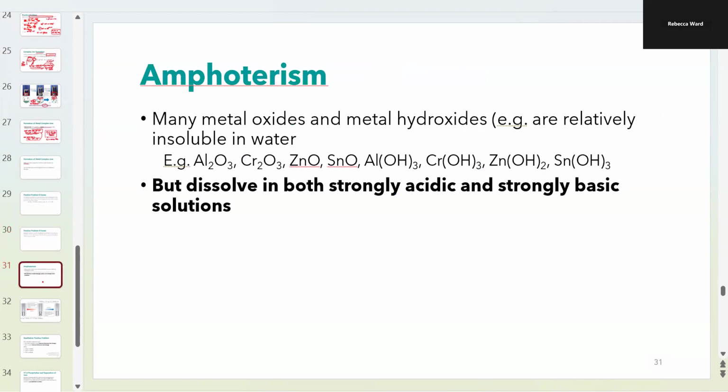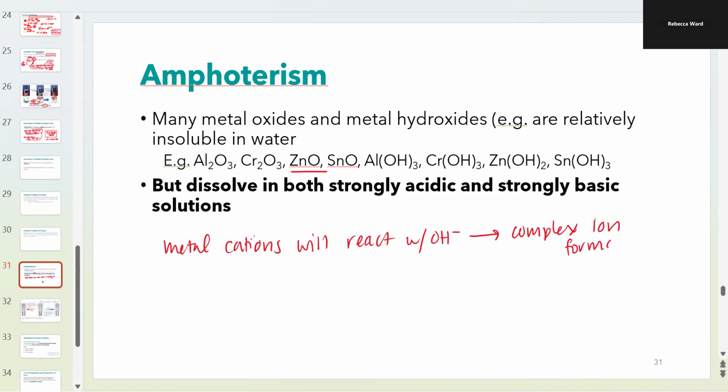I skipped over these two slides, and this was really just defining what we already talked about. So we're going to look at zinc oxide again, but we're looking at all of these metal oxides and metal hydroxides where the metal cations will react with OH minus, usually to make a complex ion.